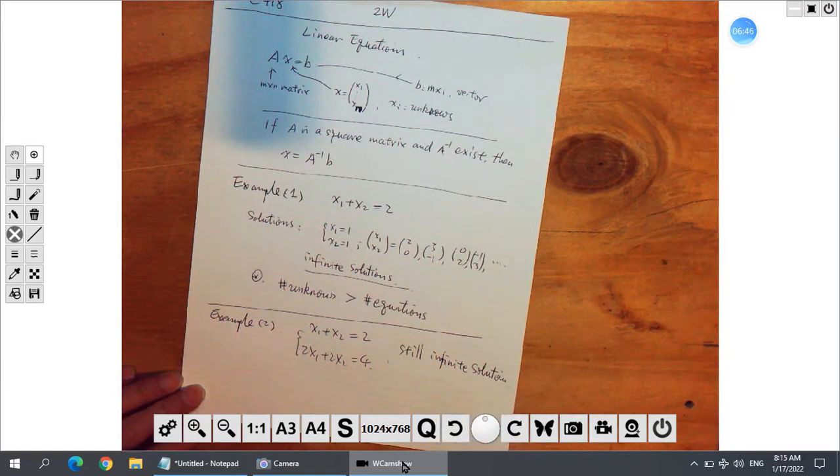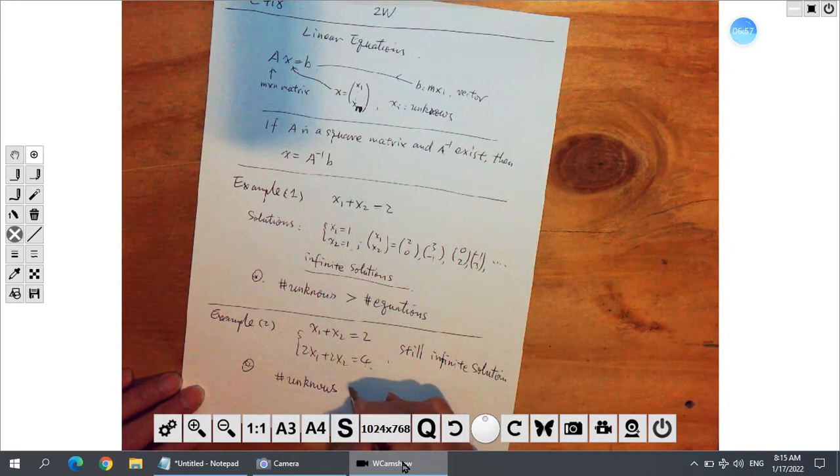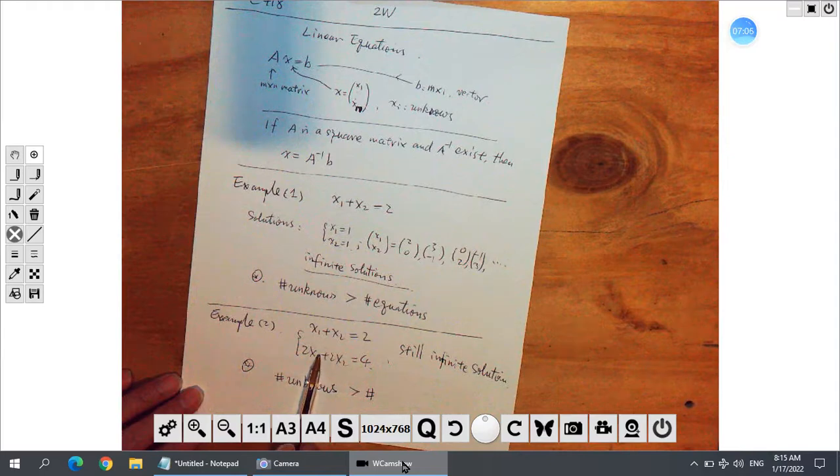And still infinite solutions. In this case, the number of equations is 2 and the number of unknowns is also 2, so both are 2.